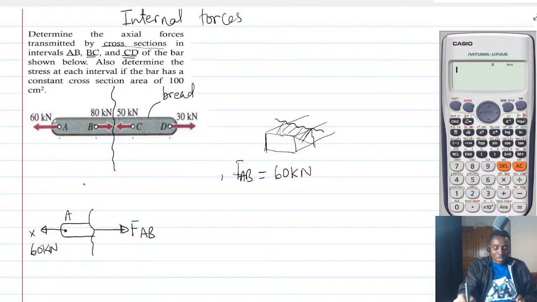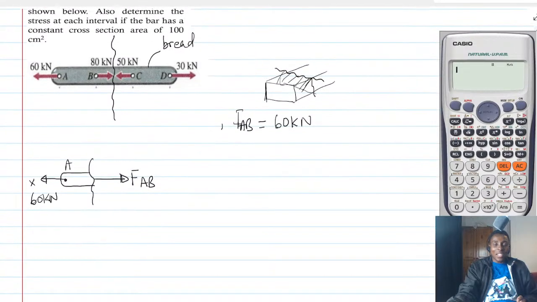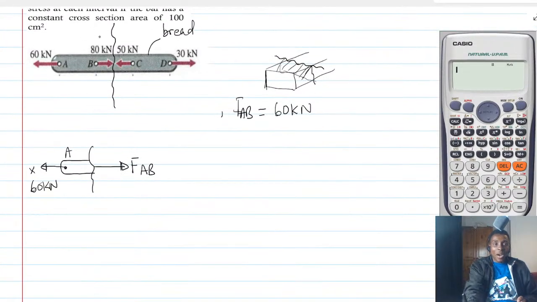Now when I introduce a cut, this is what is going to happen. So assume again, let's say you have a bread and then you have taken a cut. Alright? Let me send the first part up.